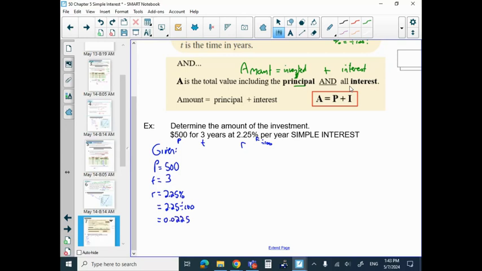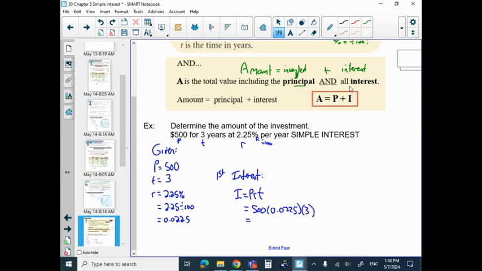So it wants the amount of the investment. So what I'm going to do first is get the interest. So I equals PRT. So we have 500 times the rate times the time.